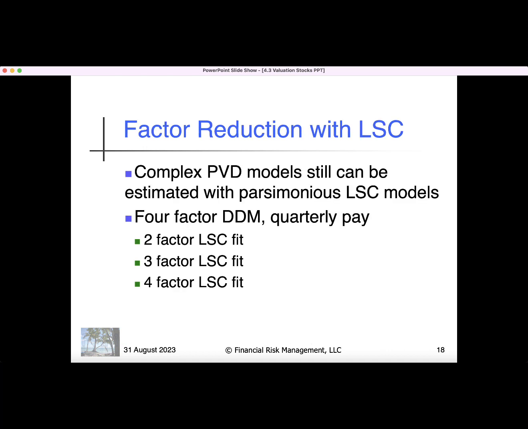Remember, the goal of the LSC model is factor reduction, and so we're going to take the very complicated present value of dividends model, and we can still estimate it with a parsimonious LSC model. And we'll show this with quarterly paid dividends on a 2, 3, and 4 factor LSC.